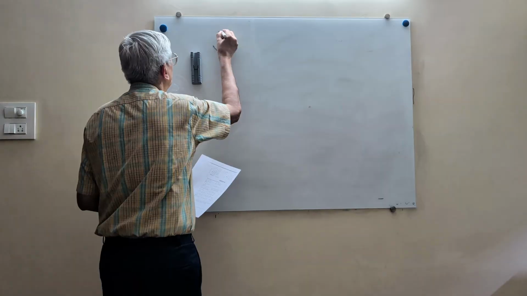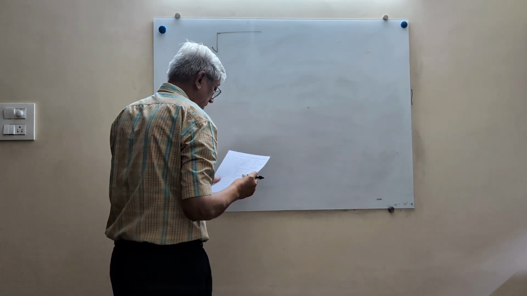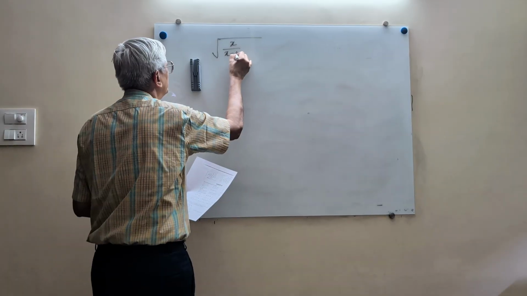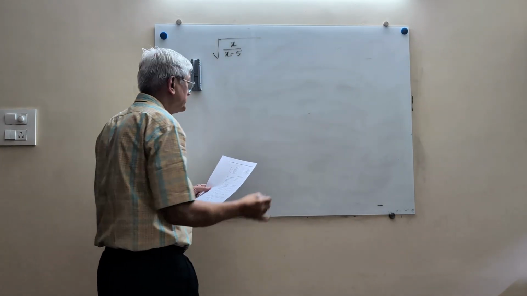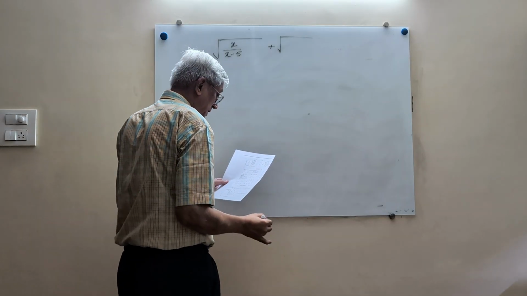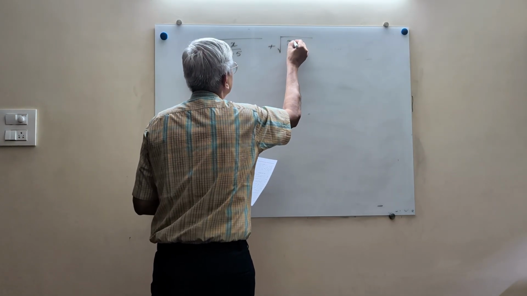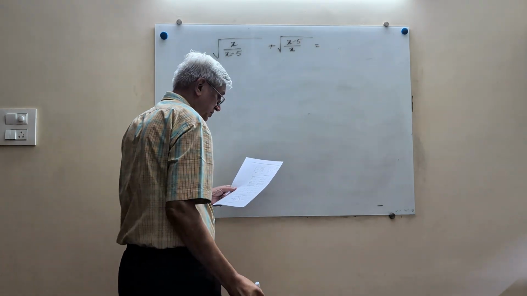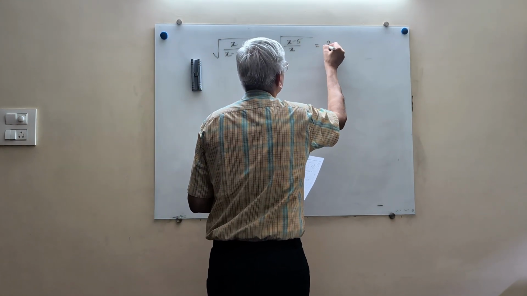Under root x upon x minus 5 plus under root x minus 5 upon x is equal to 2 1 by 6.